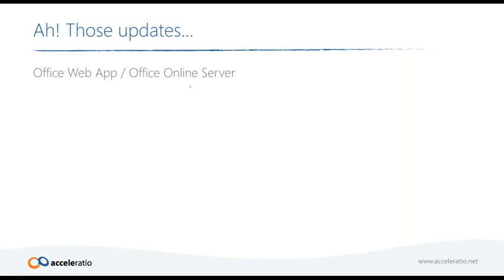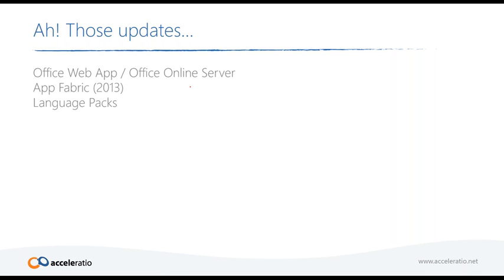One of the components available for 2010, 2013, and 2016 is Office Web App Server, or the new name, Office Online Server. The purpose of this server is to serve Word, Excel, PowerPoint, and other Office documents as web pages. So this one needs to be updated as well. You need to update AppFabric in 2013.